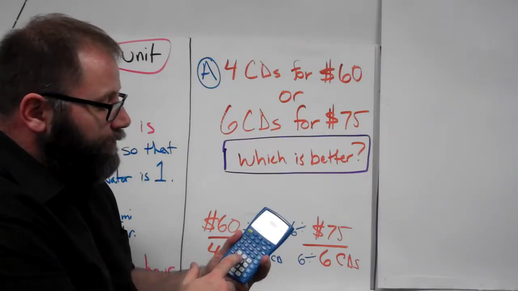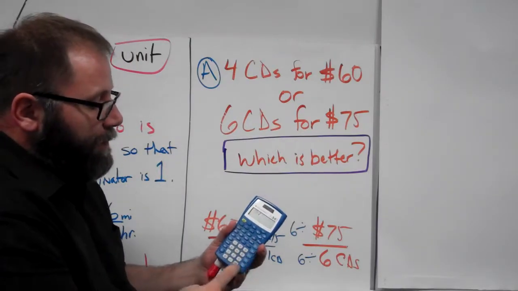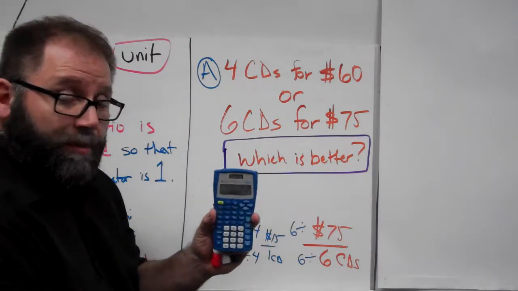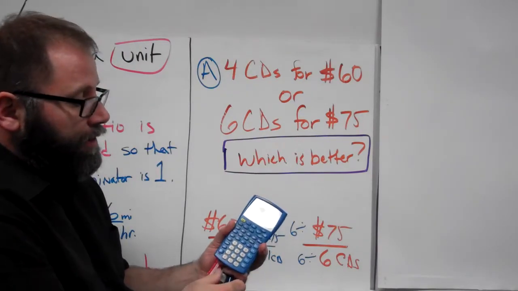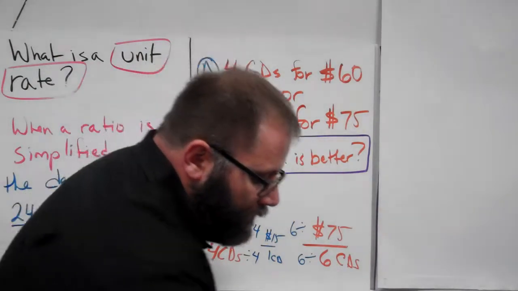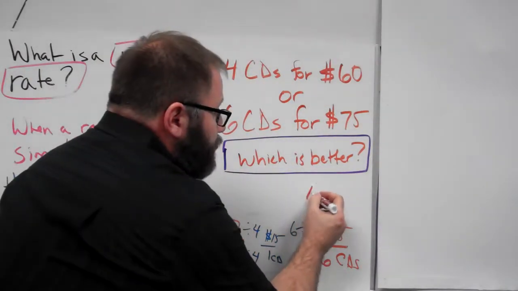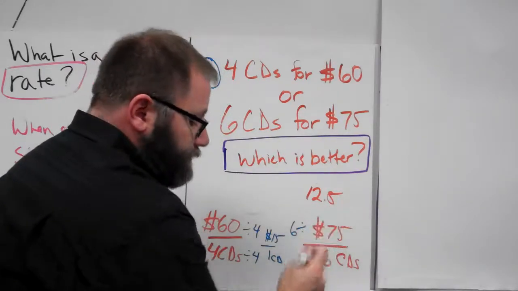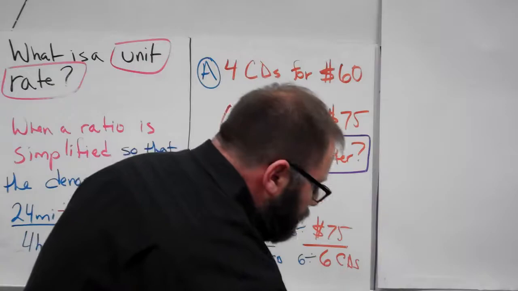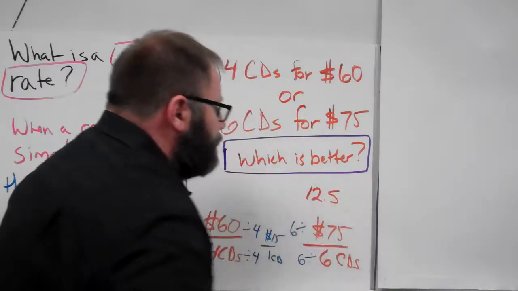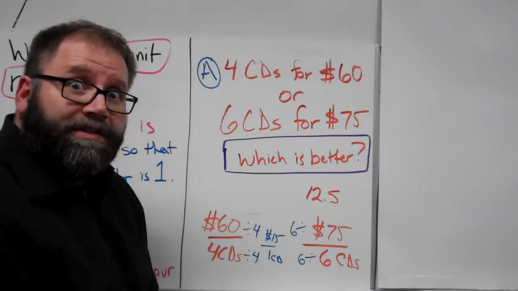So if I take $75, I punch in my top, and I divide it by its denominator, which is the bottom, 75 divided by 6, and I get an answer of 12.5. Is anybody walking around with 12.5 monies in their pocket?